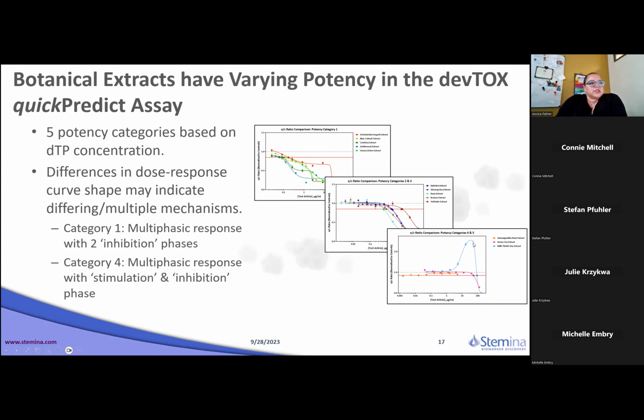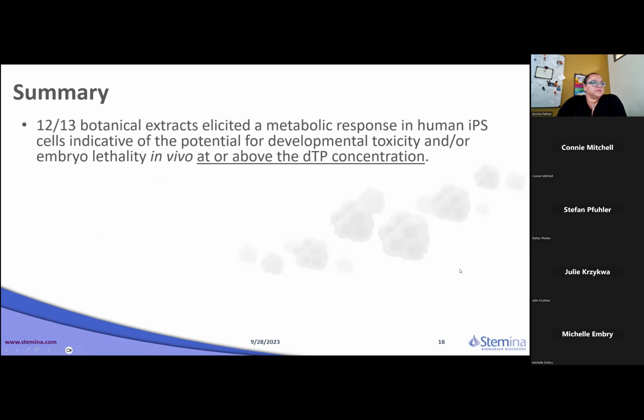The milk thistle caused this bell-shaped curve where you see an increase in the ornithine-to-cystine ratio followed by a steep drop-off when the milk thistle becomes cytotoxic to the cells. And this increase is due to an antioxidant effect, where it's actually causing the cells to take up more cystine than the DMSO controls. And then once it reaches that critical level where the cells can no longer respond to the effects and they die, it just drops back down and cystine goes up.